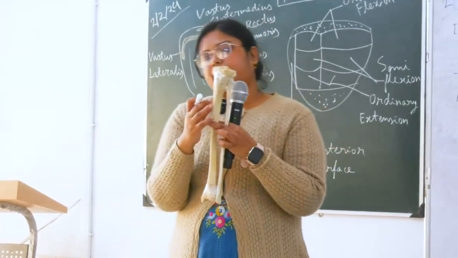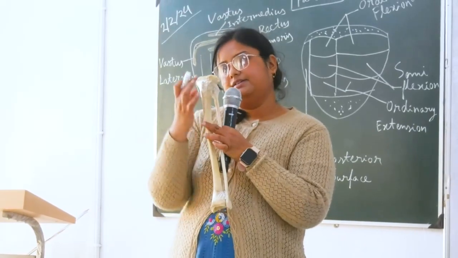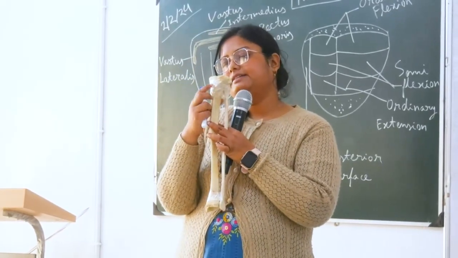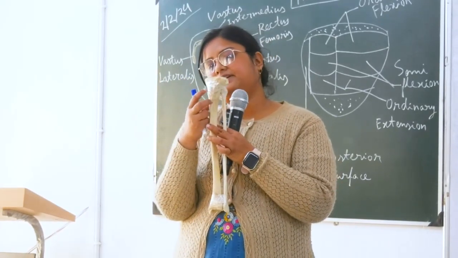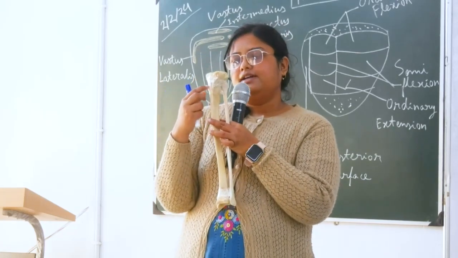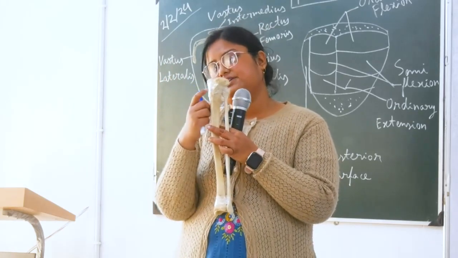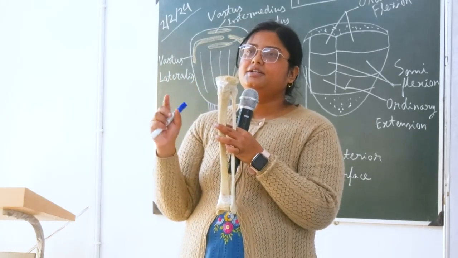This projecting part just below the condyles in the anterior aspect is known as the tibial tuberosity. The other end of the ligamentum patellae is attached over this tibial tuberosity.